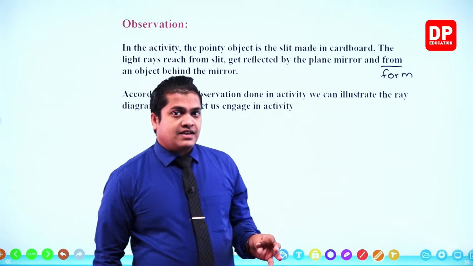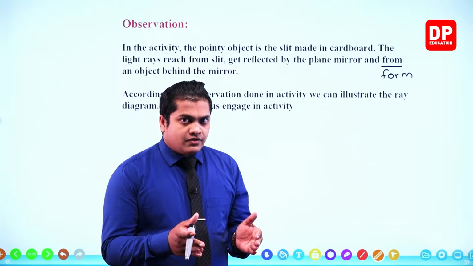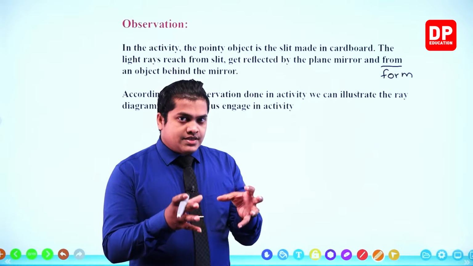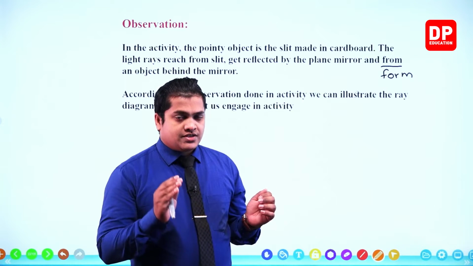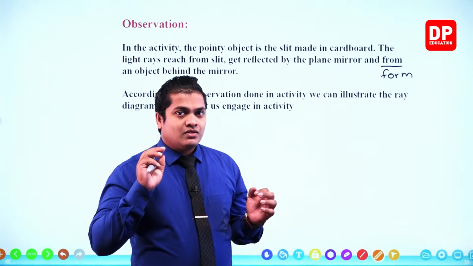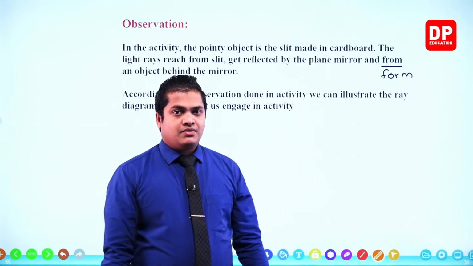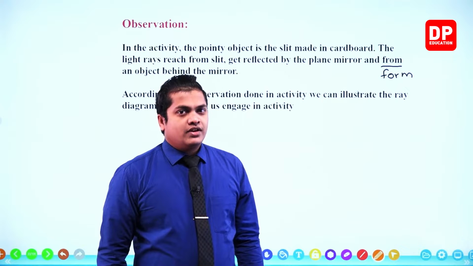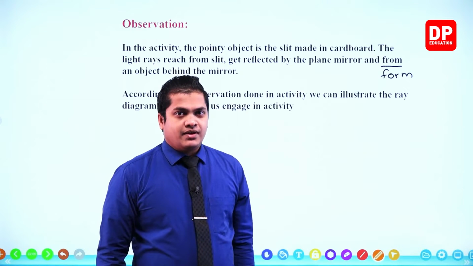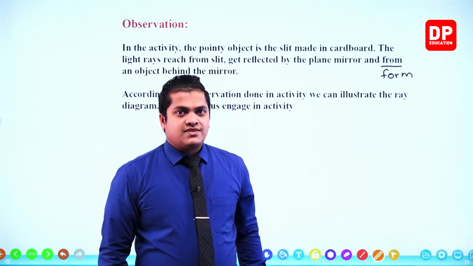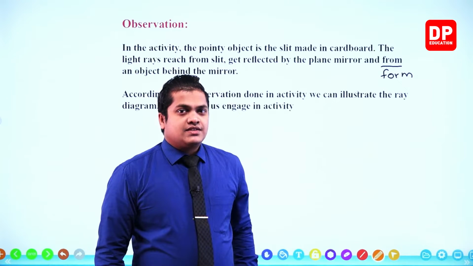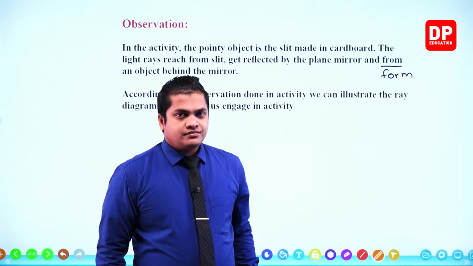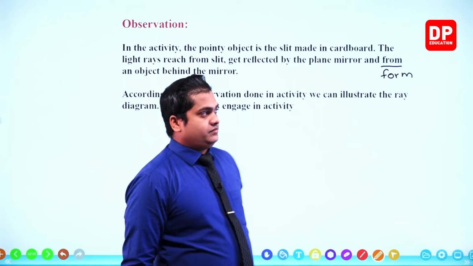Like in the previous activity, the object now seems to be behind the mirror. However, it is not. The object is in a different place. However, you can observe the object as if it is in the mirror.